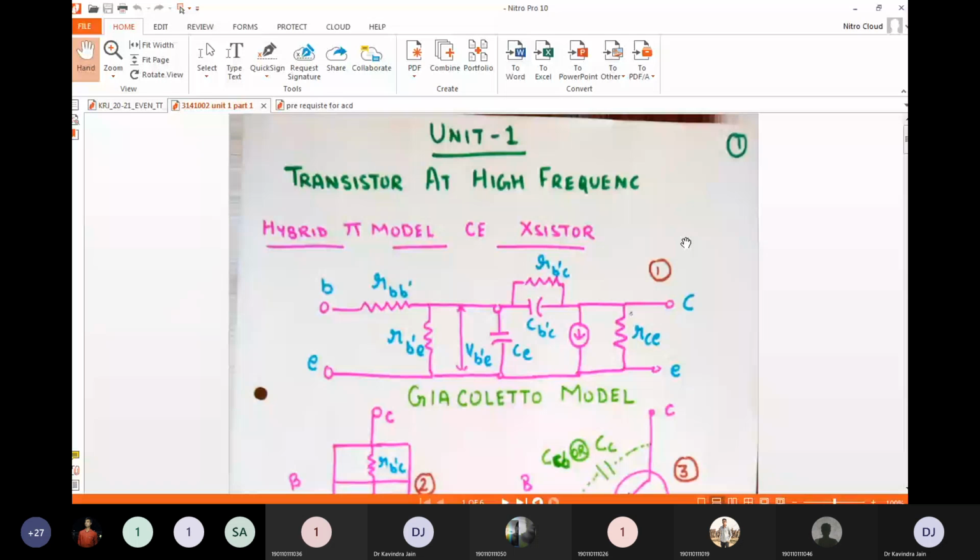As a result of which, shunt capacitance, I repeat, shunt capacitance is being neglected. I hope you have written the first point. Yes, sir. Please note down the second point.